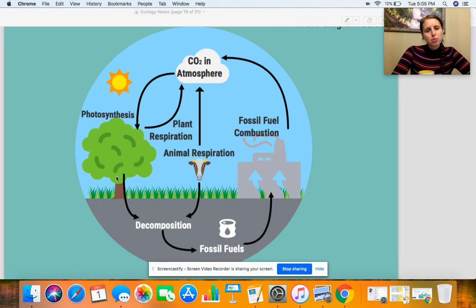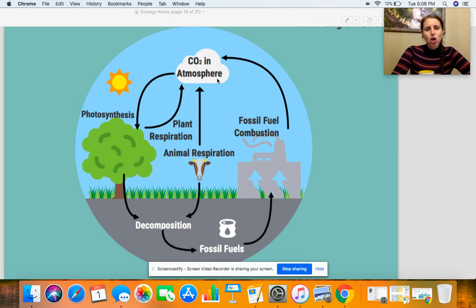When this tree is broken down, it's going to decompose into the soil. That decomposition is going to then lead to fossil fuels. Animal respiration, so you have your animal here. Animals will also decompose and get added back to the soil, which will turn into fossil fuels. Those fossil fuels can then be released if we burn them, fossil fuel combustion. So they're then released to the atmosphere.